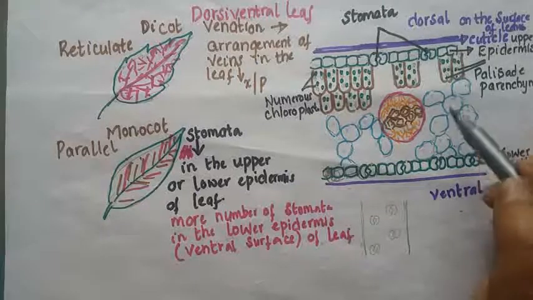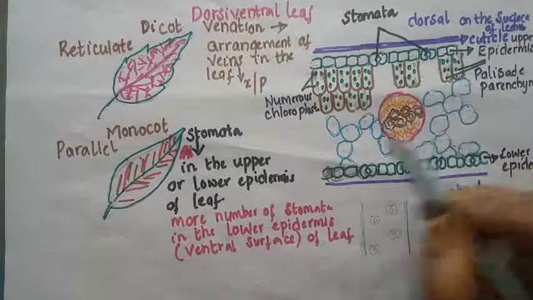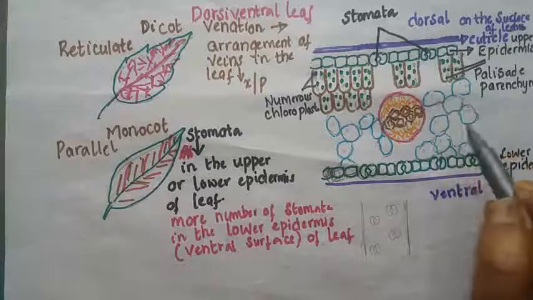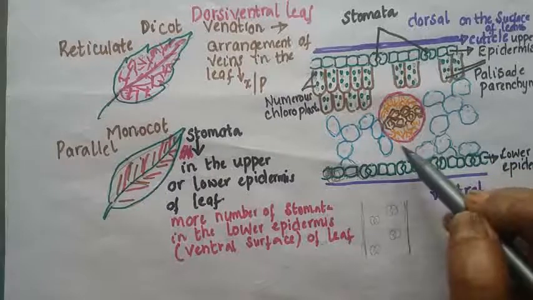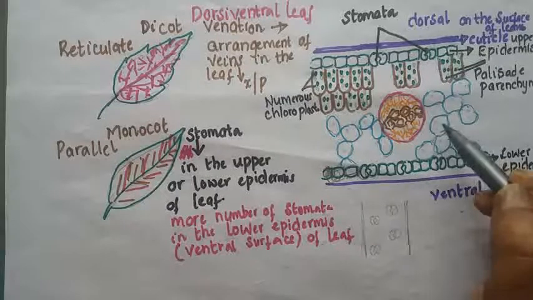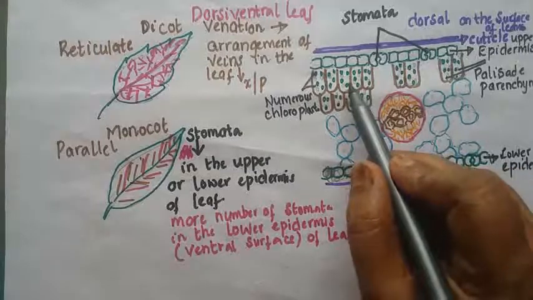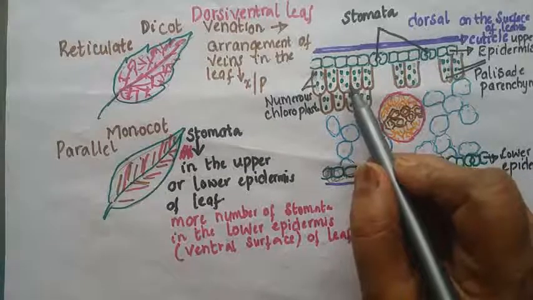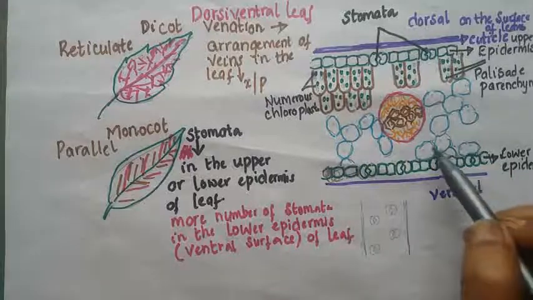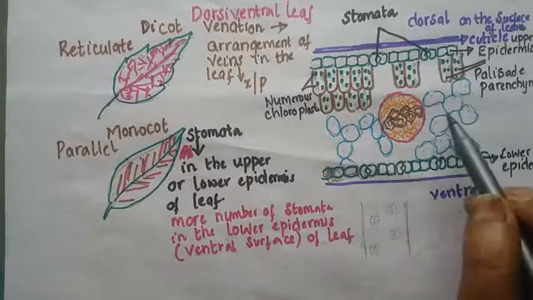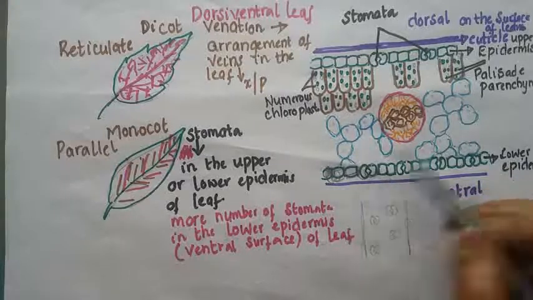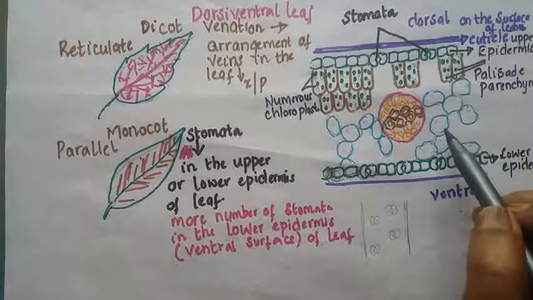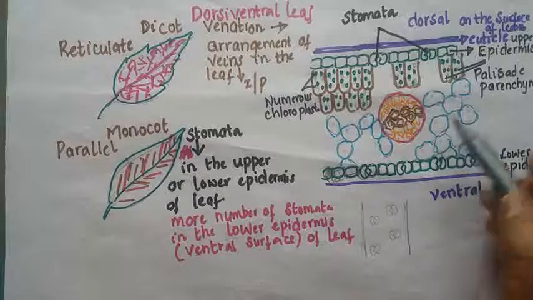Just below the palisade parenchyma cells, we find cells which are irregular in shape and have a lot of intercellular spaces. Here I said in the previous case the cells are compactly, closely arranged. But in these cells, there are a lot of intercellular spaces, and they are irregular in shape.